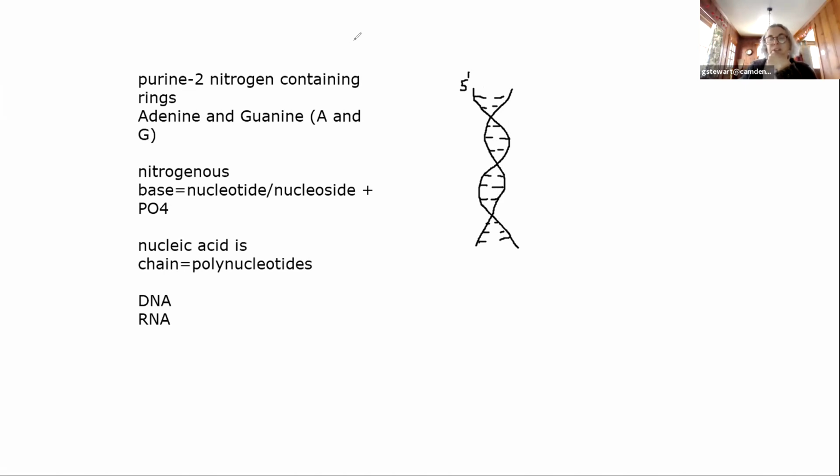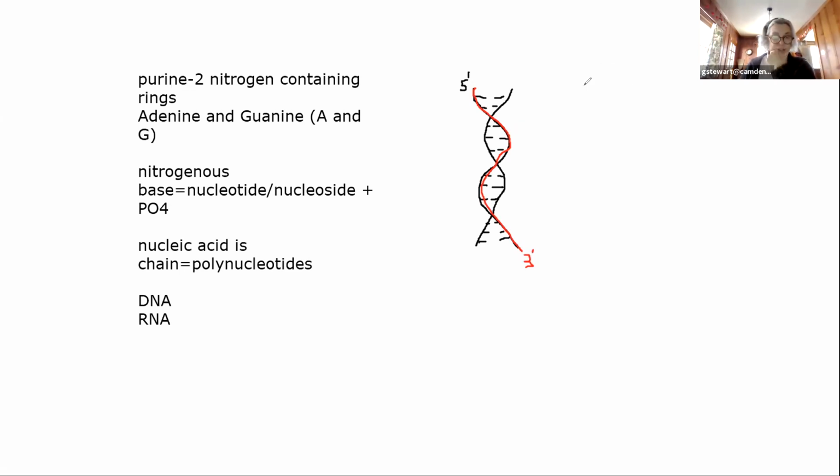If we follow this chain right here all the way to the bottom, and one end is the 5' end, that means the other end of the chain is a 3' end. And again, that has to do with what's on the ends of the chain and why DNA is called anti-parallel.